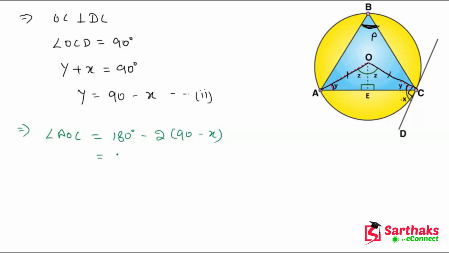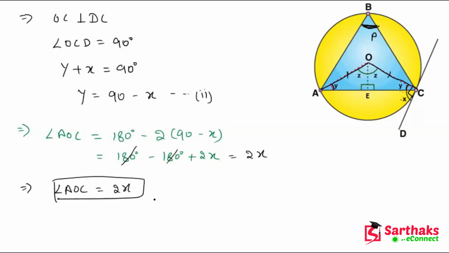If we open this bracket, we get 180 degrees minus 180 degrees, and minus minus becomes plus, so plus twice X. The 180 and 180 cancel, so we get 2X. So angle AOC is equal to twice X.